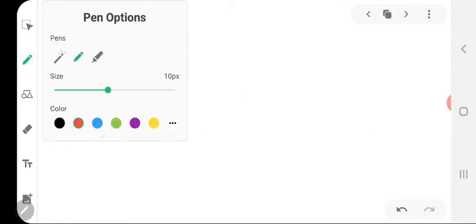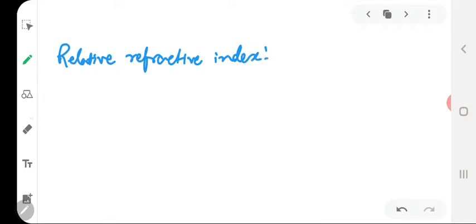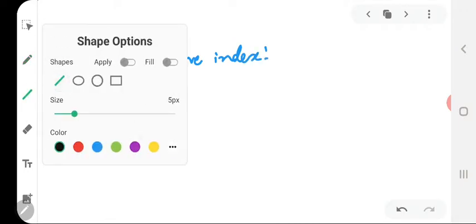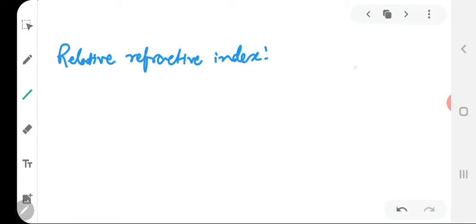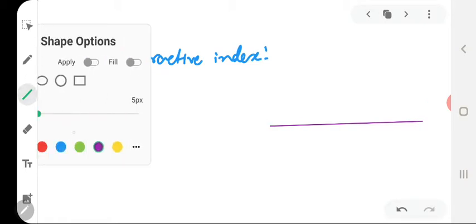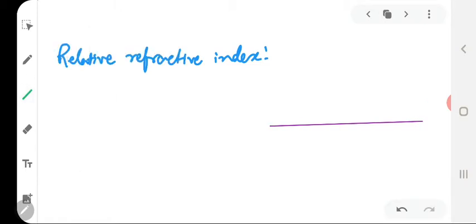Let's now understand what is relative refractive index. Let me draw a simple diagram for this. Let me draw the normal.